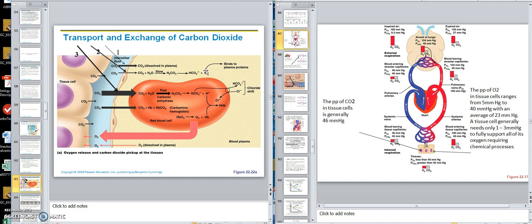Now the H+, so that you don't mess up your acid base, will bind to some of the plasma proteins. Remember the plasma proteins, albumin, globulin, so forth, fibrinogen. All right. Now I'm going to come down here. The majority, that's why this is so thick, the majority of this, see, this is a little thicker than this. That means only a little bit is doing this.